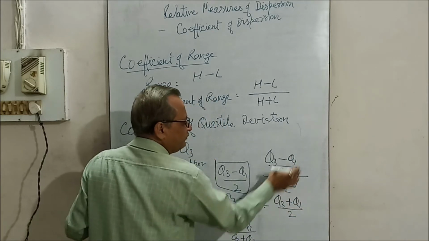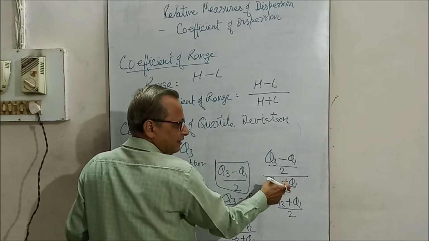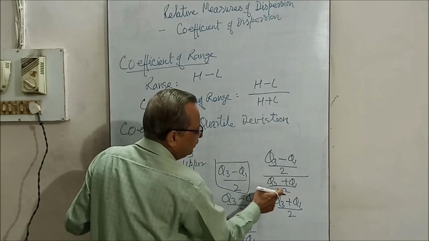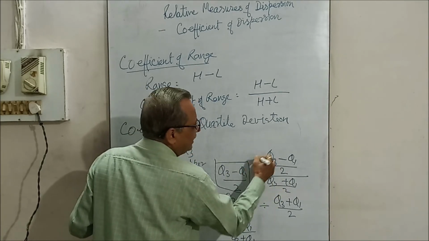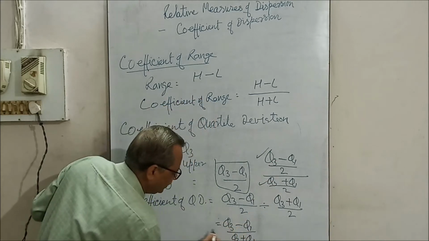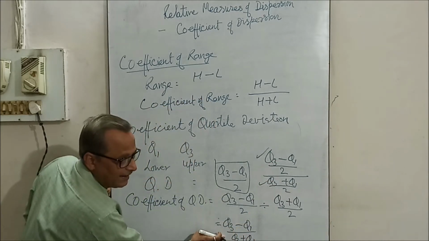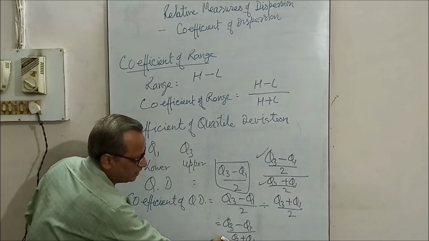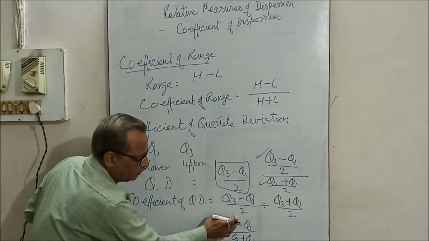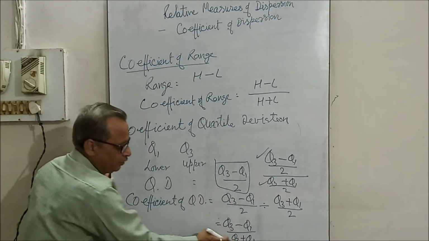Reverse it, then this goes upside and this is the lower side. This and this will cancel. So the coefficient of quartile deviation is Q3 minus Q1 divided by Q3 plus Q1.